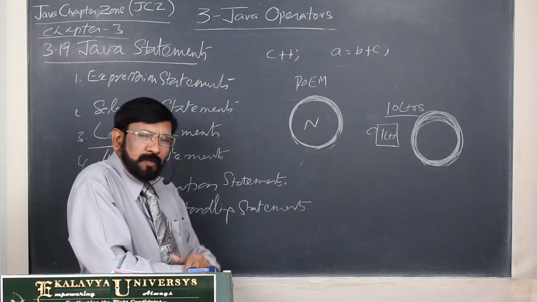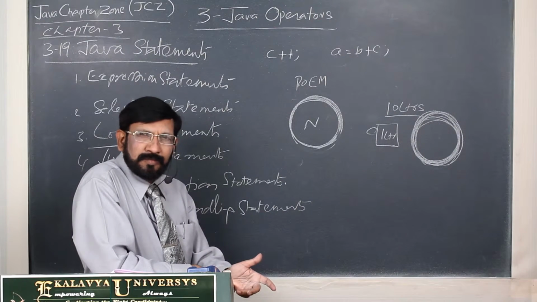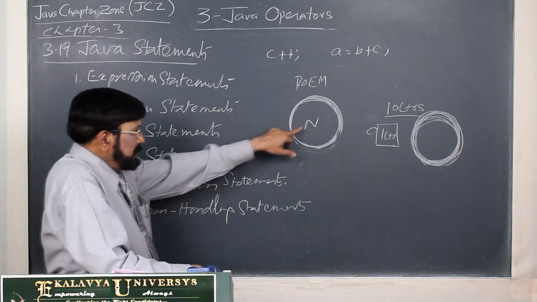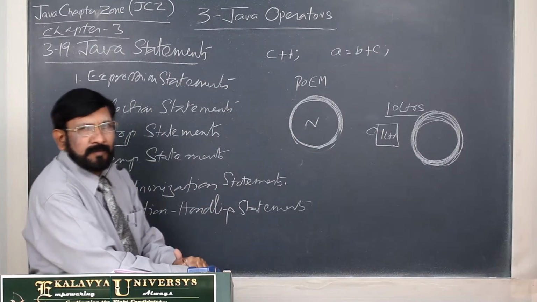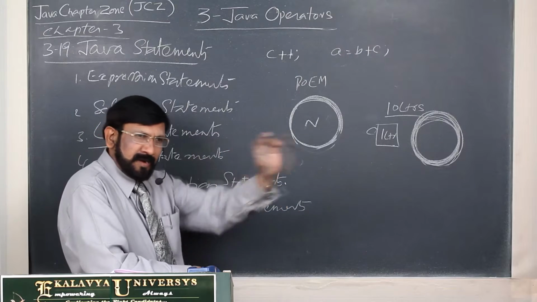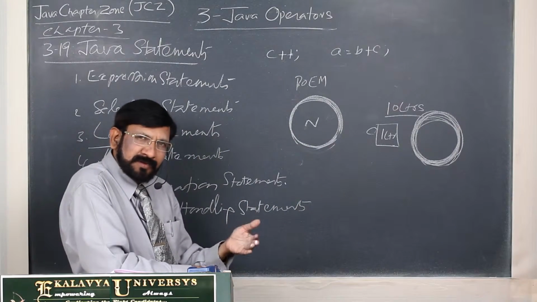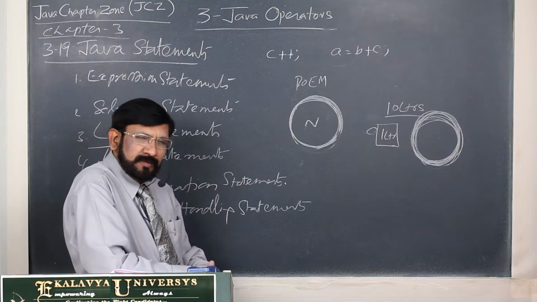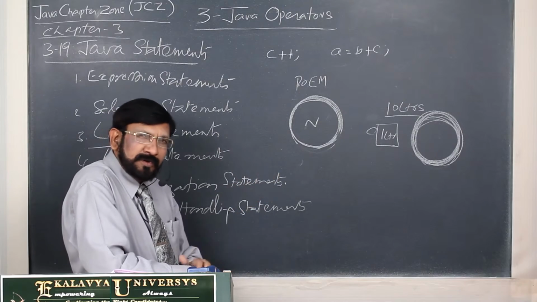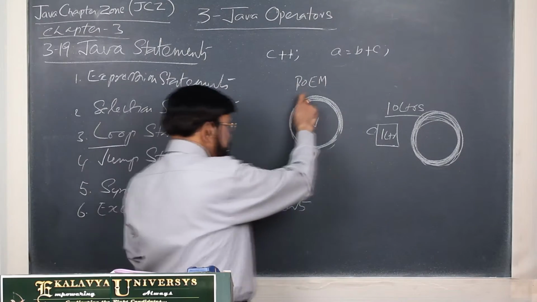How many recitals are required, do you know? You do not know. That's why you mentally prepare for n recitals. Because you cannot specify 10 or 5, you do not know. After 5 recitals you memorize it, after 10 recitals you memorize it, or after 14 recitals you memorize it. So you go on doing this.